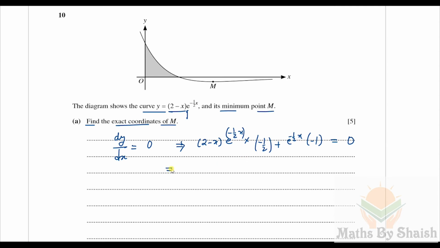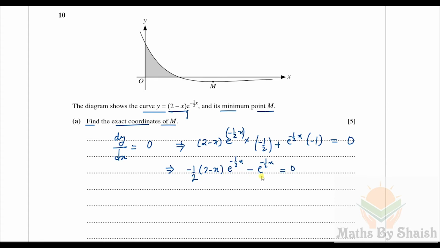Or we can simplify and write it as minus 1 by 2 into 2 minus x e raised to the power minus 1 by 2x, and minus e raised to the power minus 1 by 2x is equal to 0.